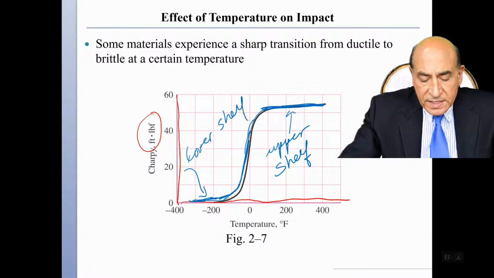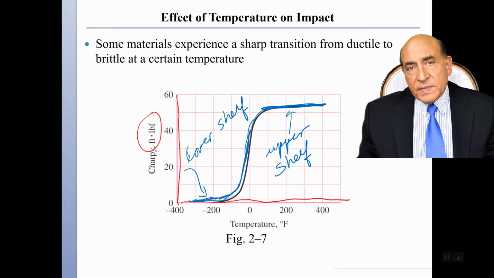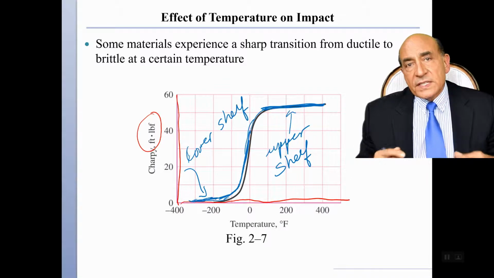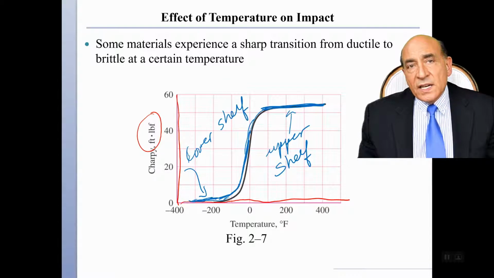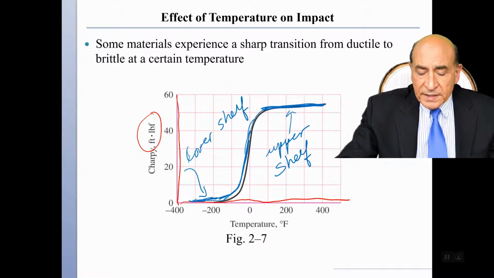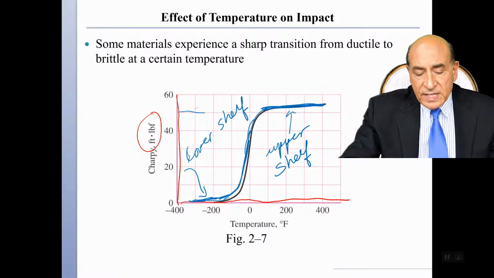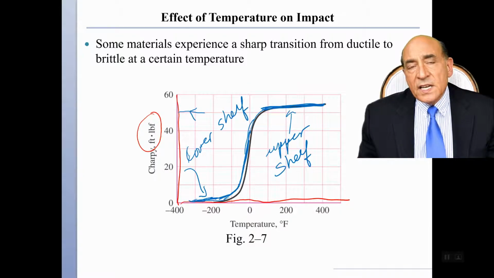These are the different levels of impact energy that is absorbed by the material. At very low temperatures, the impact energy absorbed is extremely small, maybe a few foot-pounds. And at high temperatures, above room temperature, the impact energy absorbed is quite substantial. It's on the order of 50 or 60 foot-pound.